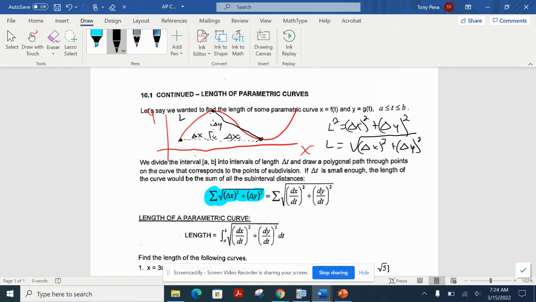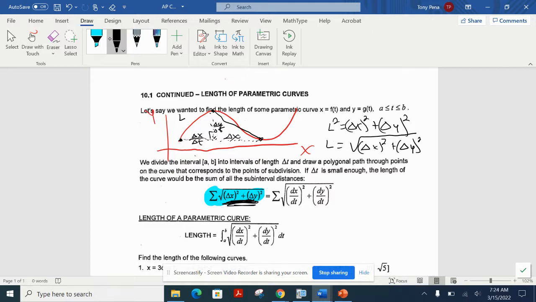What you'll notice, though, is in parametric, we don't just simply have an x and y position based on each other. That's kind of what this is implying. In parametric mode, our x position, our change in x, is based upon the corresponding change in time. Same here, our vertical change isn't just the change in y, it's our change in y according to our change in time. So delta x is always related to our delta t, and same here, this is our change in time.